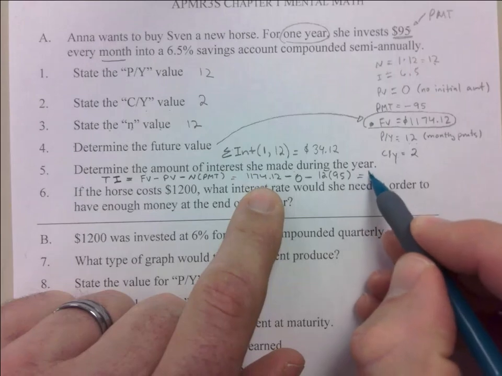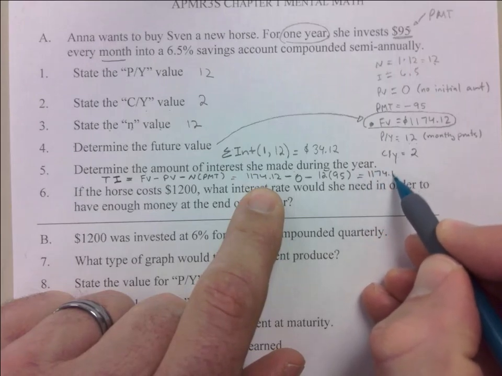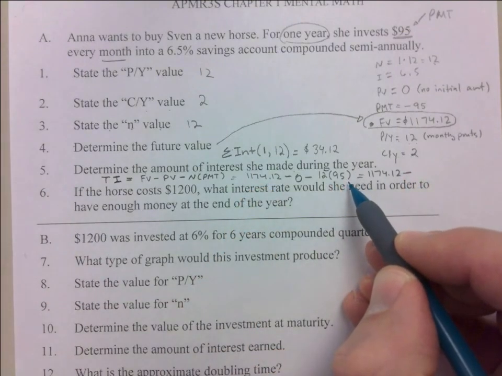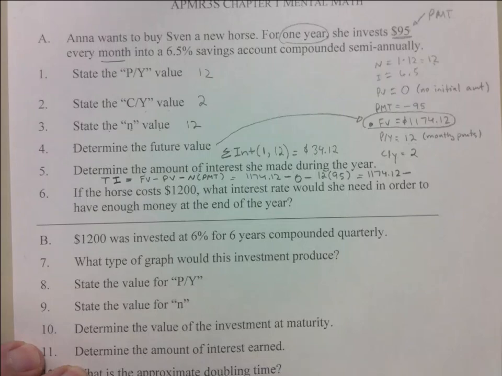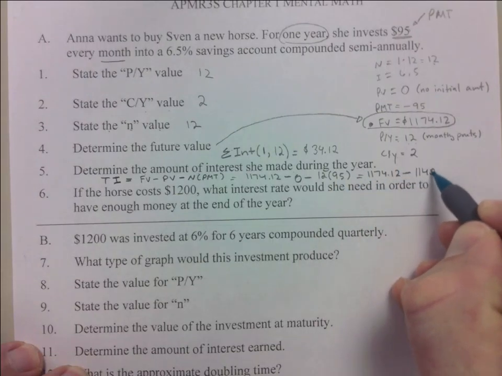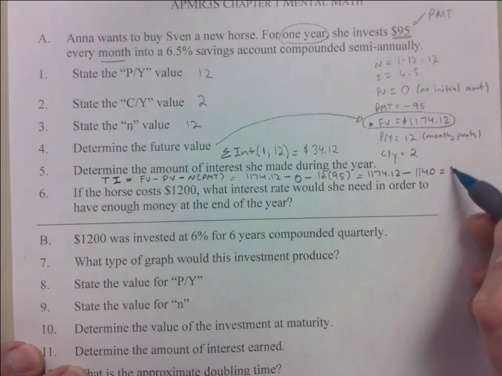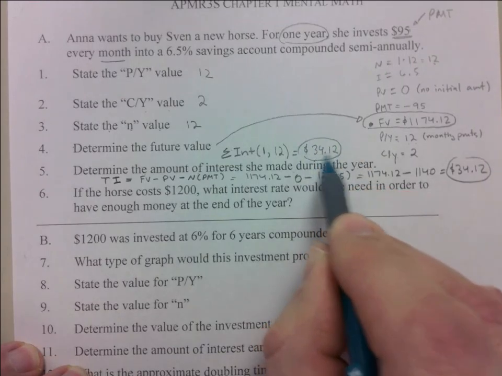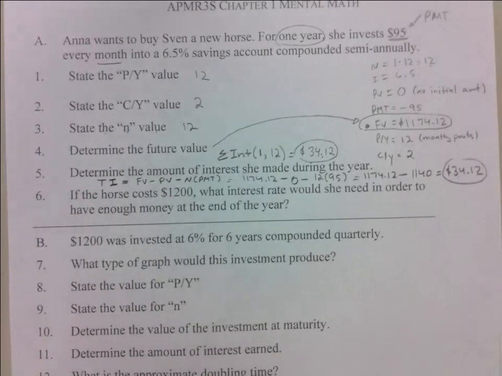So that is 1174.12 minus 12 times 95, which is 1140. And if you think about it, that's 34.12. So either way works if you want the total amount of interest.